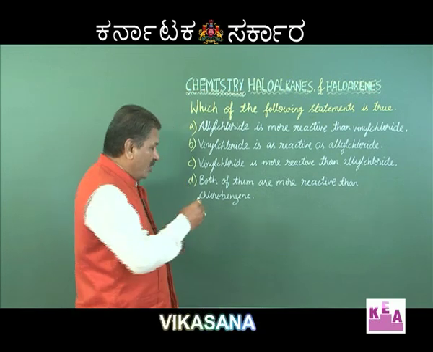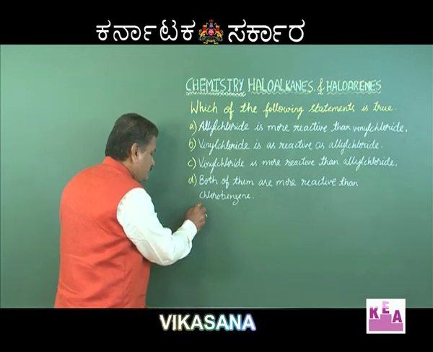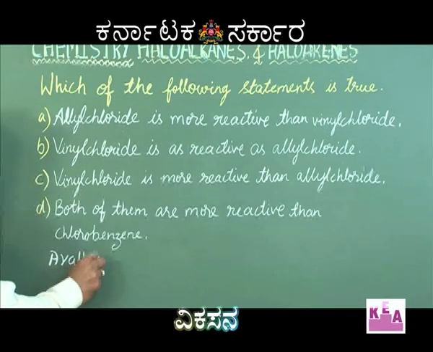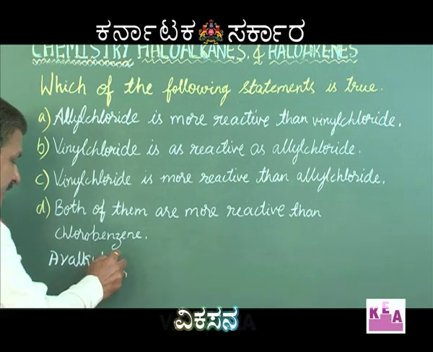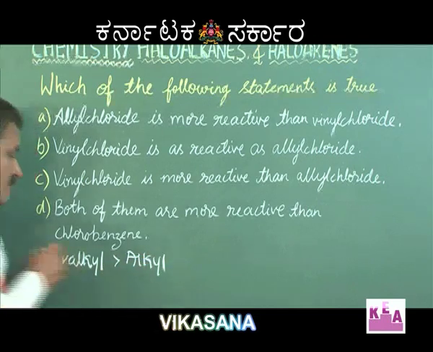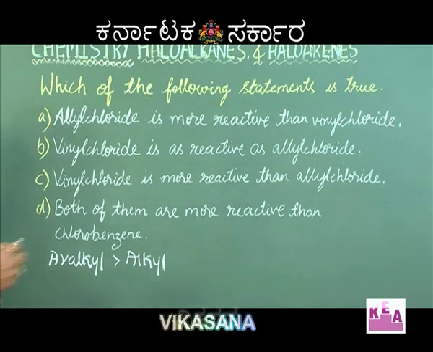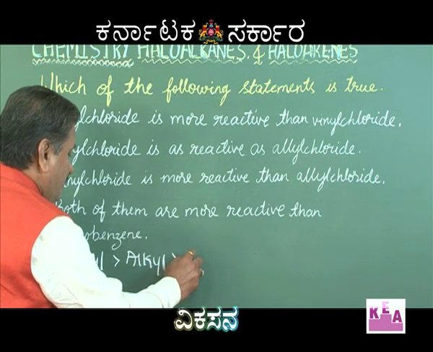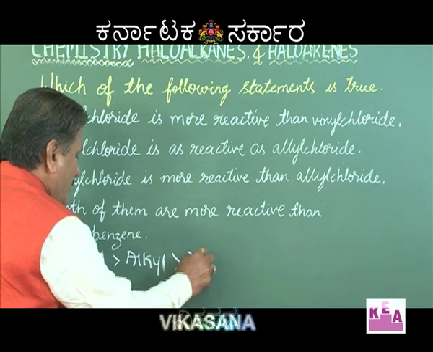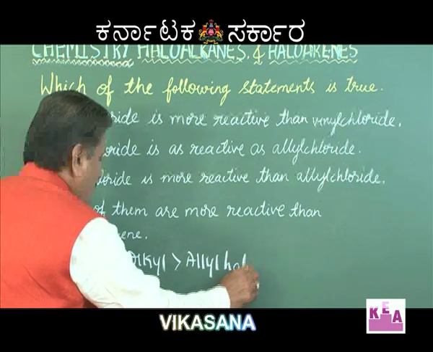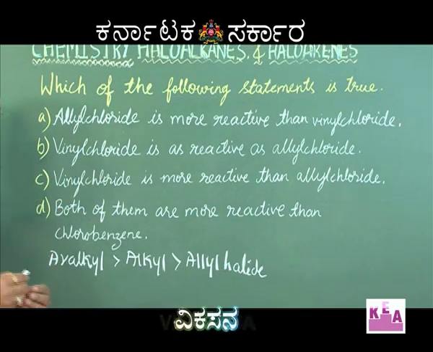The reactivity order is: benzyl halide is more reactive than alkyl halide. Alkyl halide is more reactive than allyl halide.